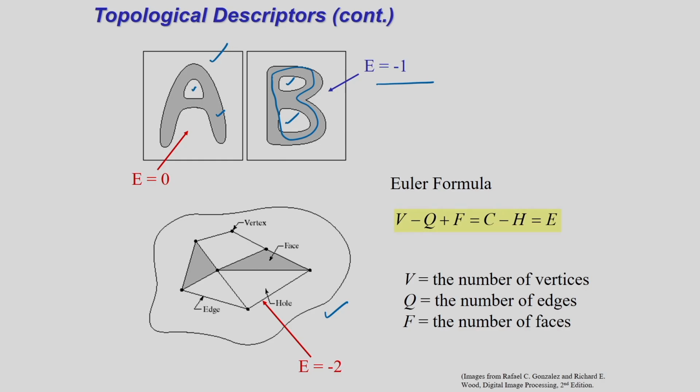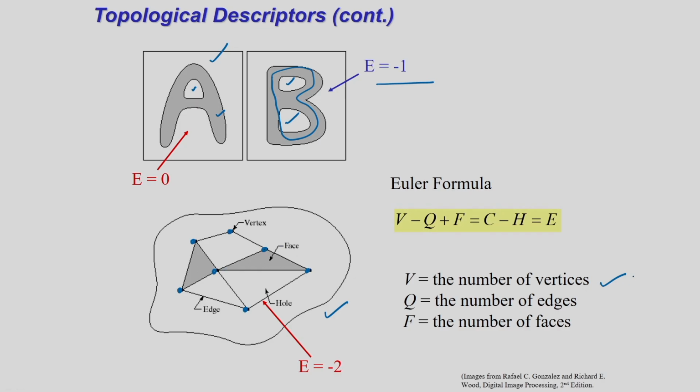So what is V? Number of vertices, Q is the number of edges, and F is the number of faces. In this example, if you calculate the number of vertices, you can see 1, 2, 3, 4, 5, 6, 7.